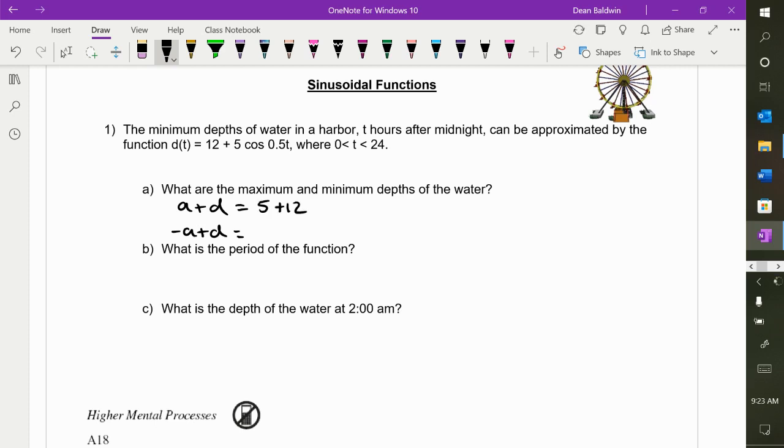Plus 12, which is 17. And negative A, so negative 5 plus 12, which is 7. So we have a maximum depth of 17 and a minimum of 7. Above the average.